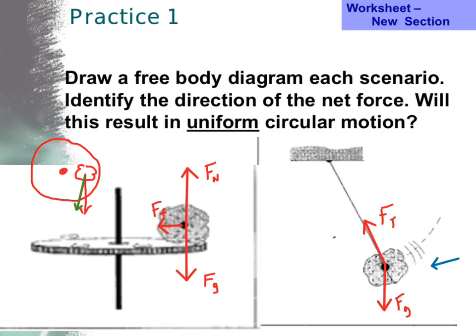And actually, I fumbled this one up in AP class for a little bit until I realized that this tension force actually doesn't necessarily need to be equal to the gravitational force. As a matter of fact, it can be a lot larger. So if I were to draw a tension force, if this rock is going fast enough, this tension force is going to be quite large.